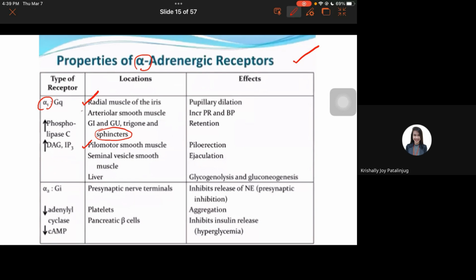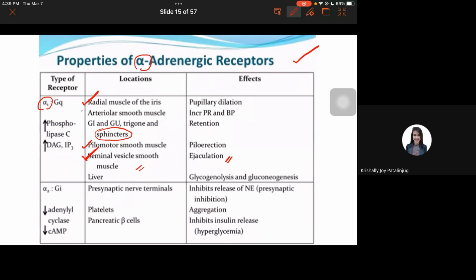Smooth muscle. Kindly add na lang this information, hindi ko siya na-mention last meeting, this has also something to do with alpha 1 activation, ejaculation for seminal vesicle smooth muscle.